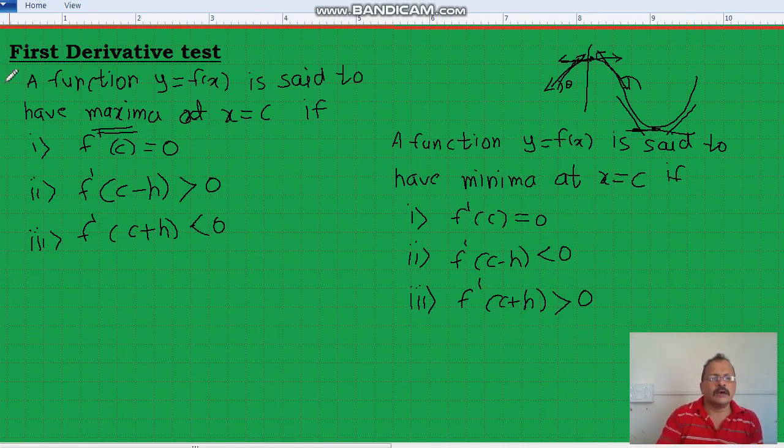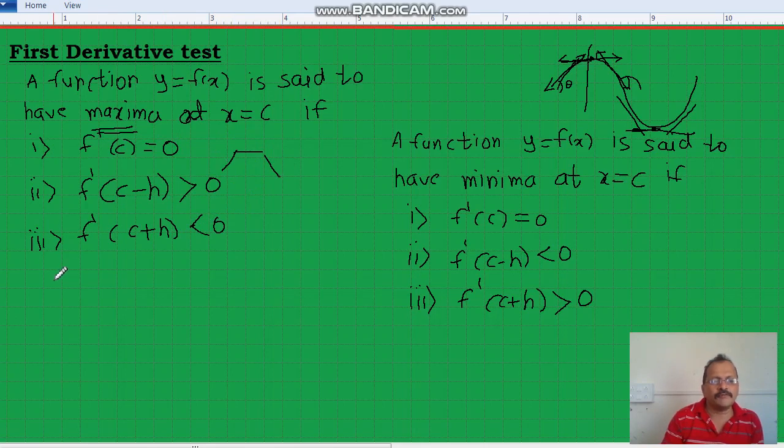Let us again see this first derivative test. A function y equal to f(x) is said to have maxima at x equal to c if f dash c equal to 0, that is the tangent is horizontal, f dash c minus h is greater than 0, that is the function towards left is increasing, and f dash c plus h towards right hand side is a decreasing function. This is for maxima.